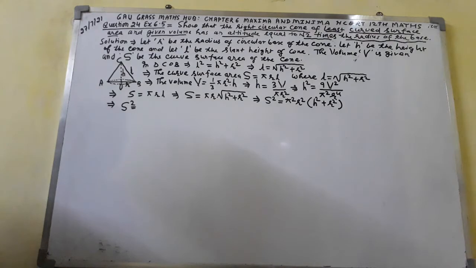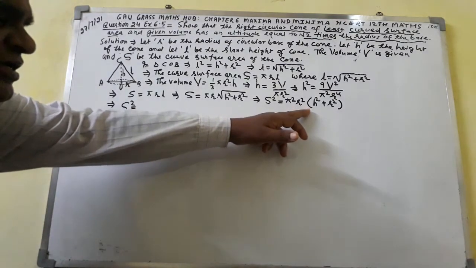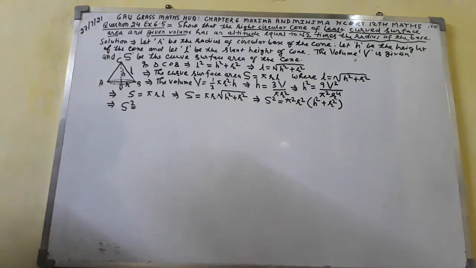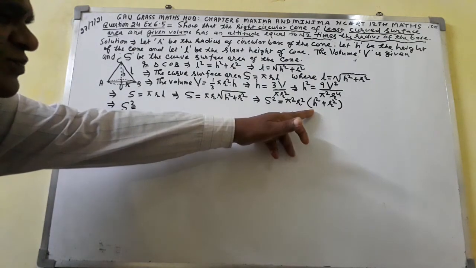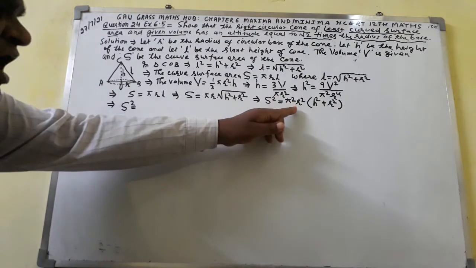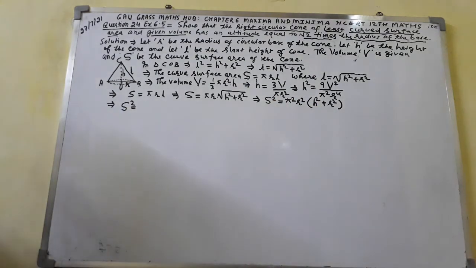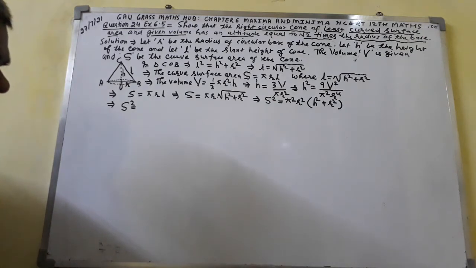First of all, I shall take only one variable, r. The h square will be converted in terms of radius r, so that we have to minimize the curved surface area capital S with respect to only one variable, small r.